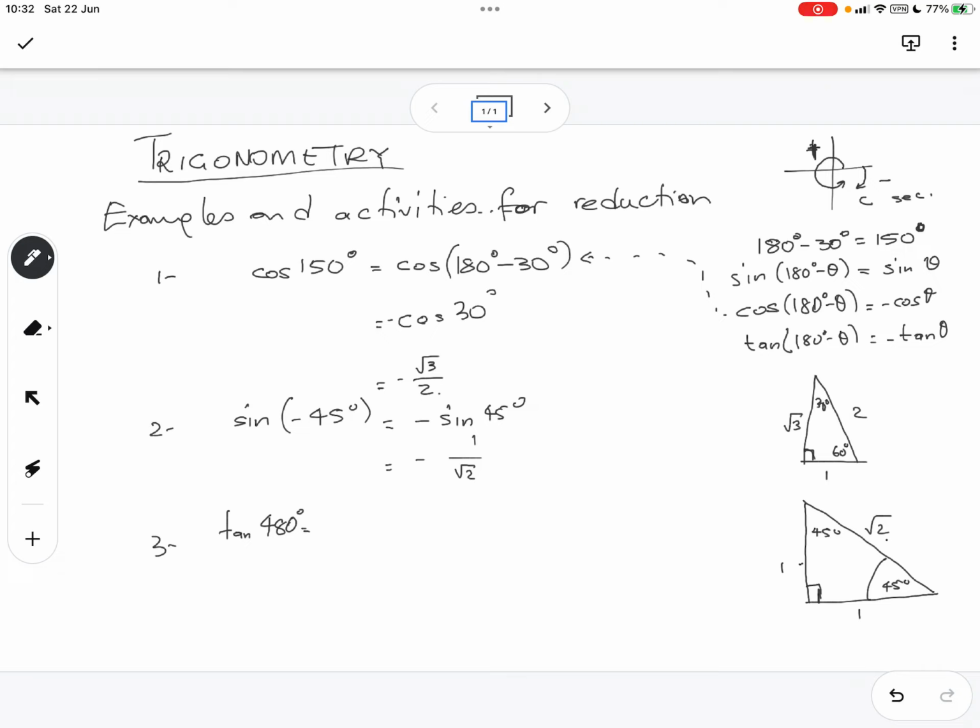So 480, let's think about it. 480 degrees minus 120 degrees, how much do we get? Calculator, 360.